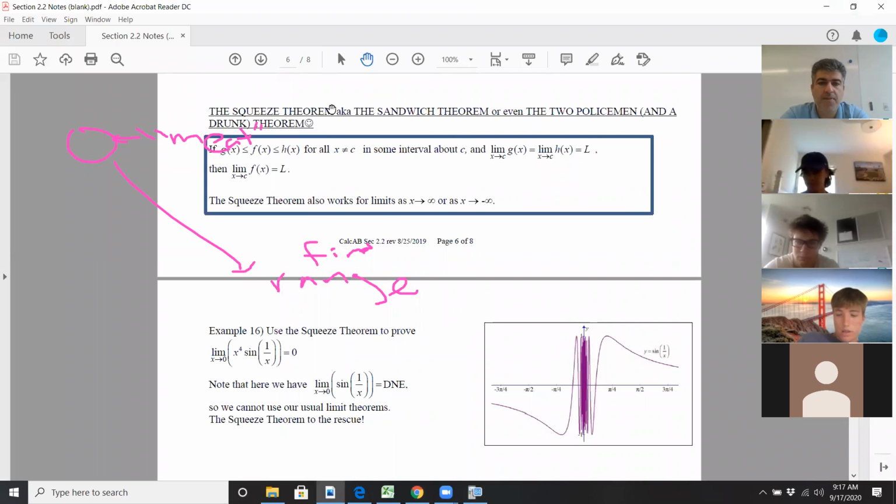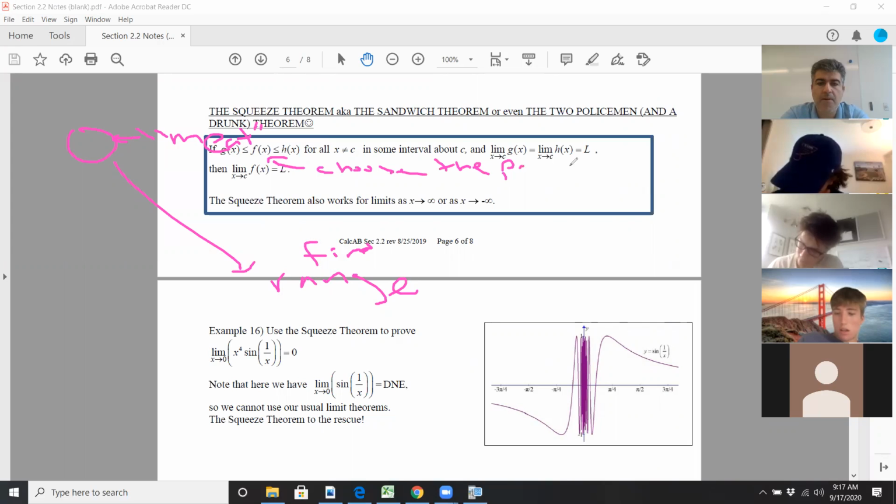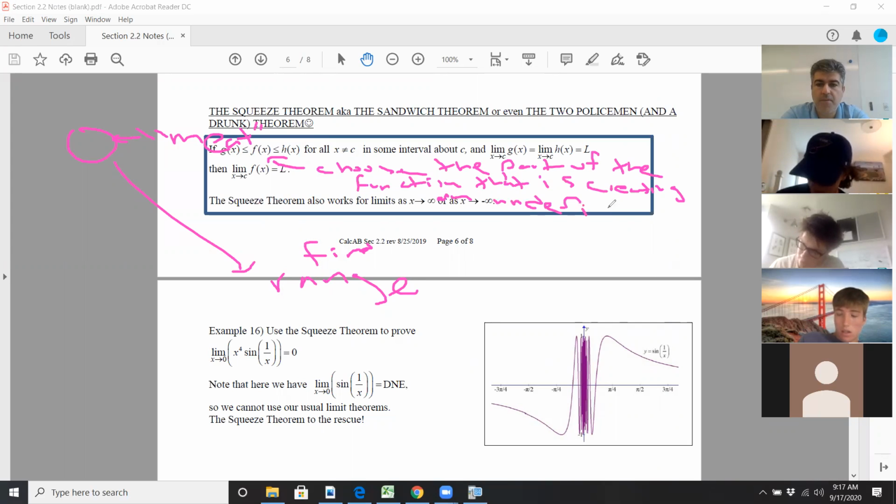In order to figure out what f of x is, choose the part of the function that is creating an undefined issue. And what would that be? Obviously the sine 1 over x, because you need 1 over x.